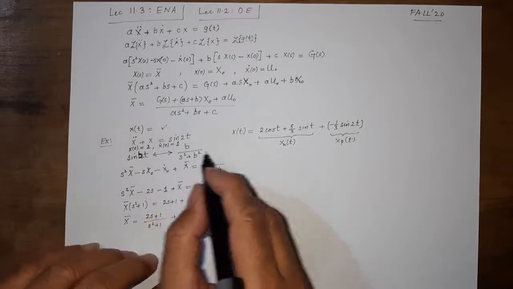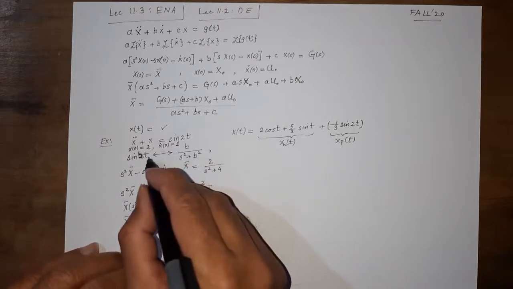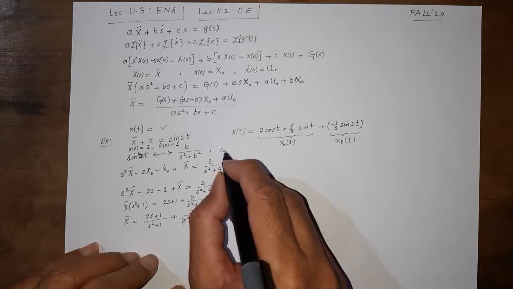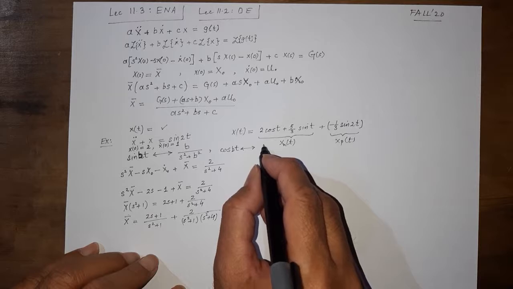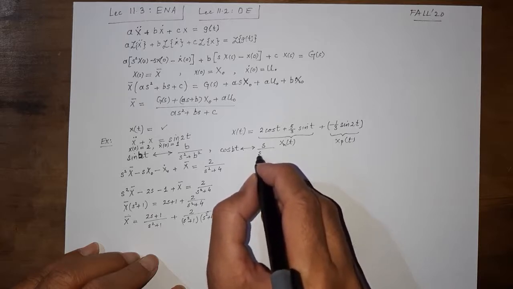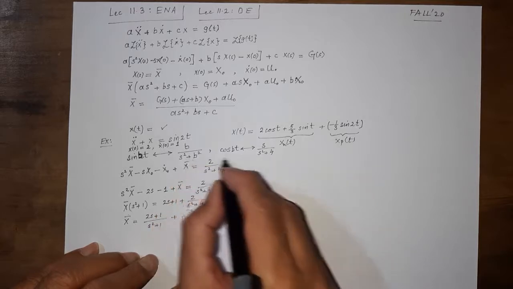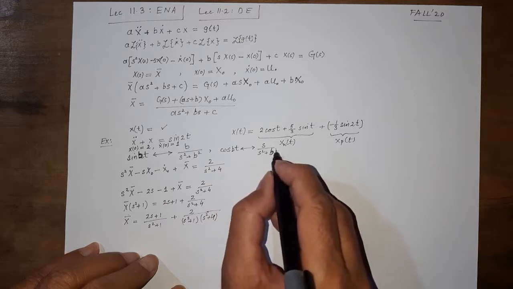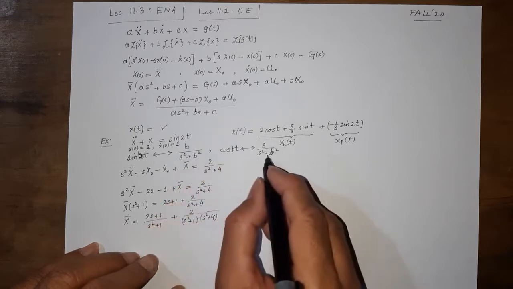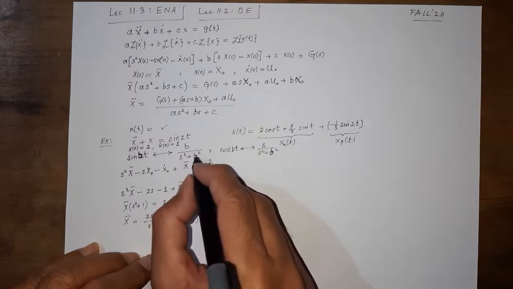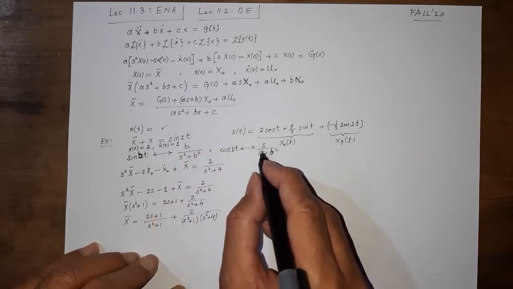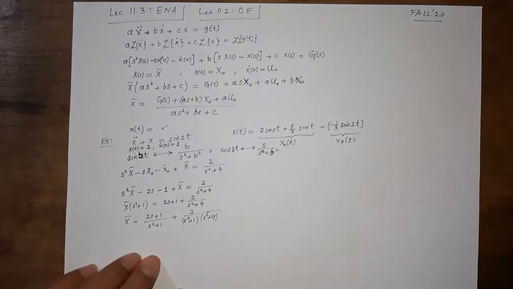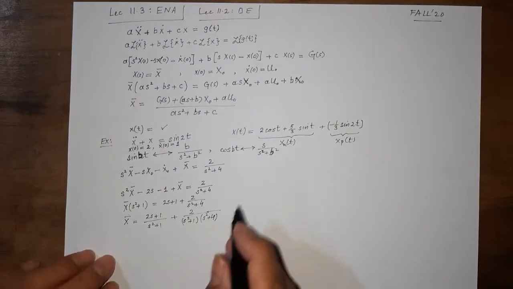Let me also give you another Laplace transform pair here: if we have cos bt, then the Laplace transform is going to be s over s square plus b square. The denominators are the same. Here we have the square root of this term, and here we have s, square root of this term. So we can use this now.